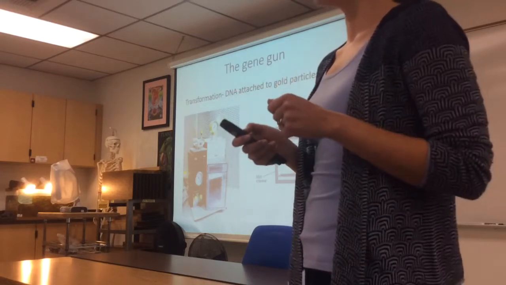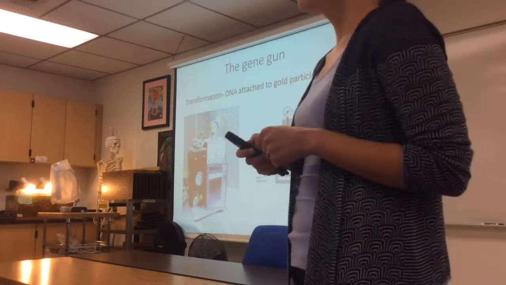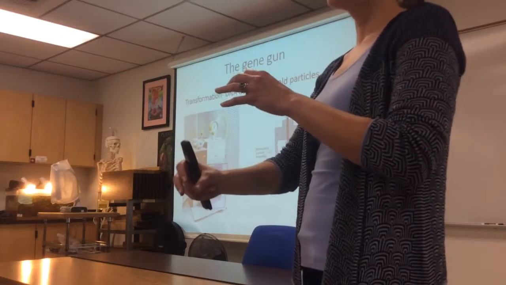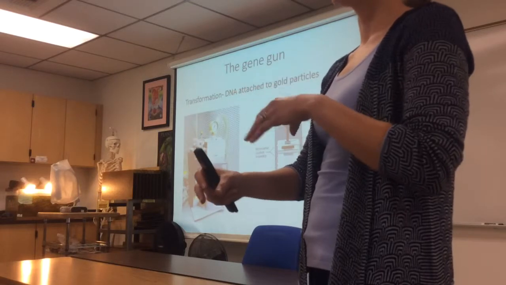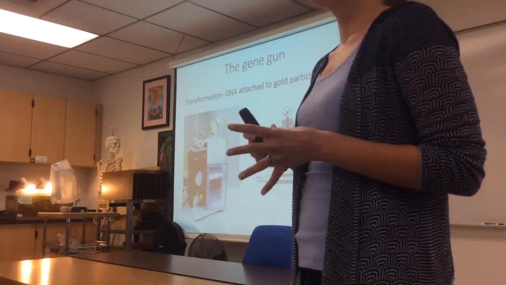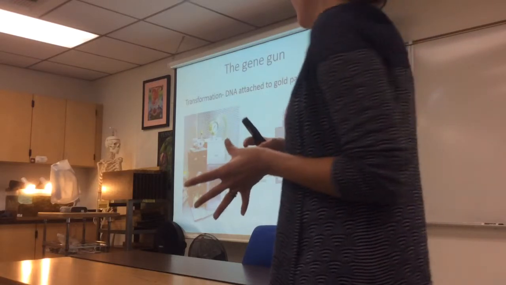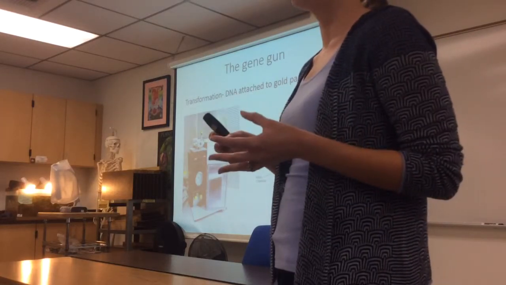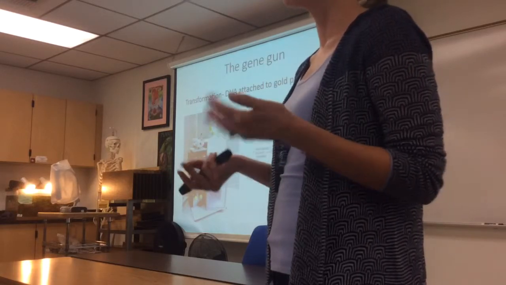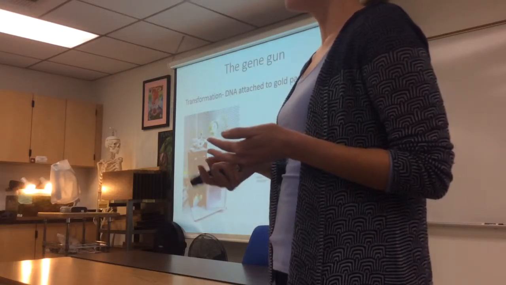This is, of course, a messy process because you're just shooting DNA at your plant cells, and so the insertions are not always nice and clean. They can be messy, and so that's one big downside. The other big downside that we talked about is that you can't target where the piece of DNA integrates into the genome, so it could land anywhere within the genome.